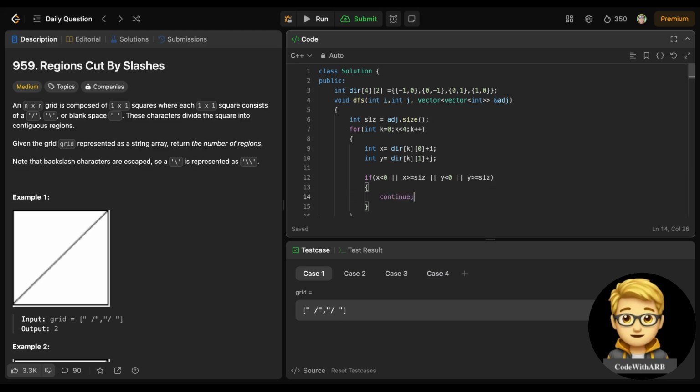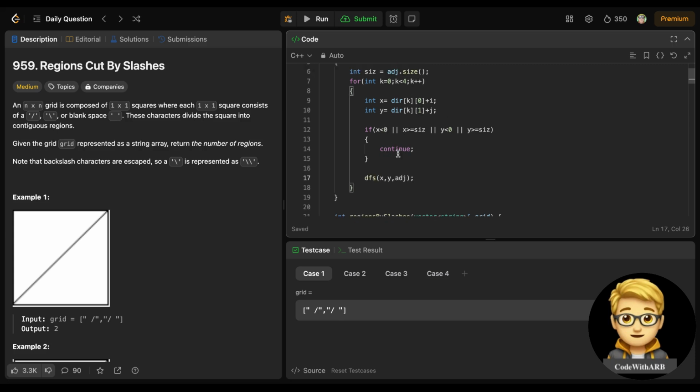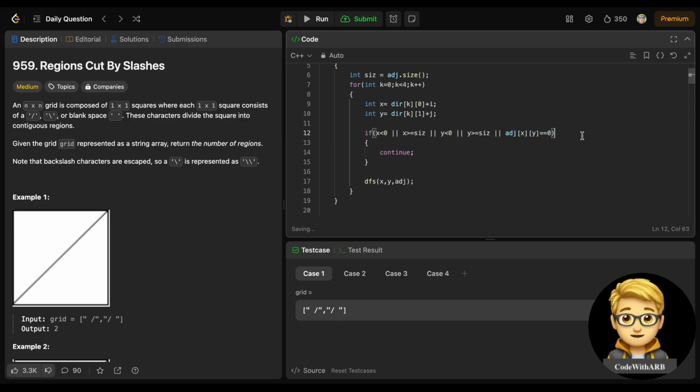If it is out of boundary, we will just continue. Otherwise we will call DFS from this new x y on the adjacency list, right? Also we need to check that adjacency x y must not be 0. If it is 0, we will not continue.